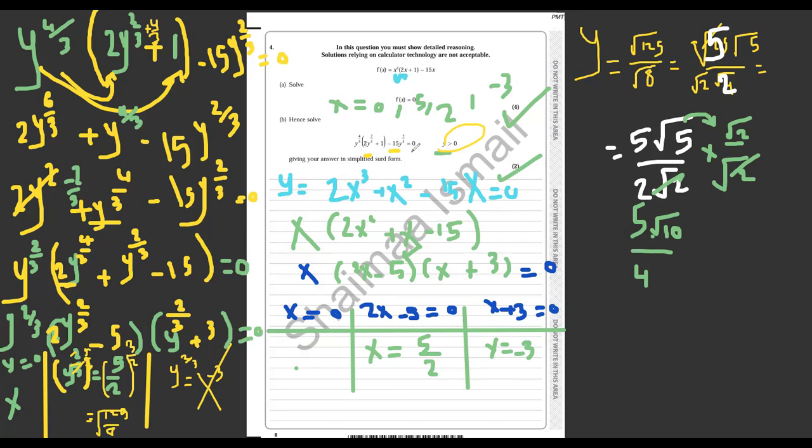So the value here when y is more than 0 will be equal to 5 over 4 root 10. Okay, let's see the next.